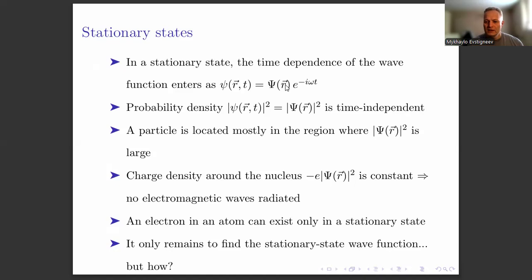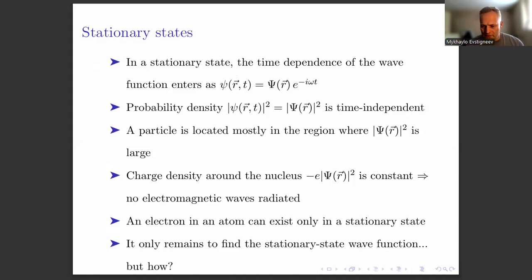Now, the modulus squared of the wave function is directly proportional to the charge density. Let's say this wave function describes an electron in an atom. And if you multiply the modulus squared of the electron wave function with the electron charge, negative elementary charge, you will get the charge density associated with that electron.